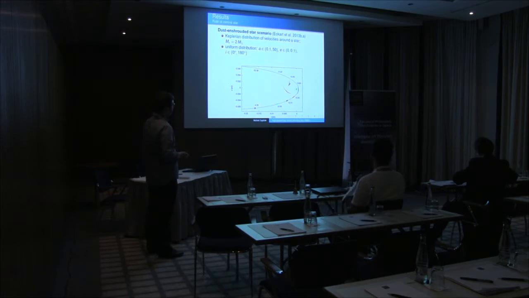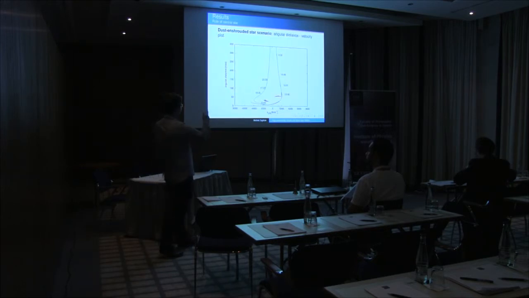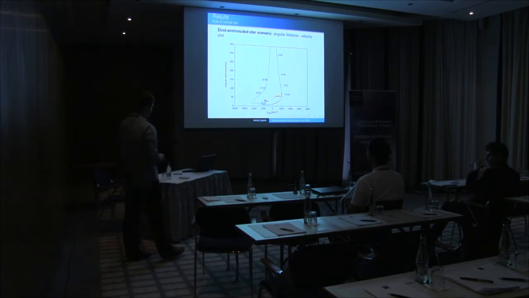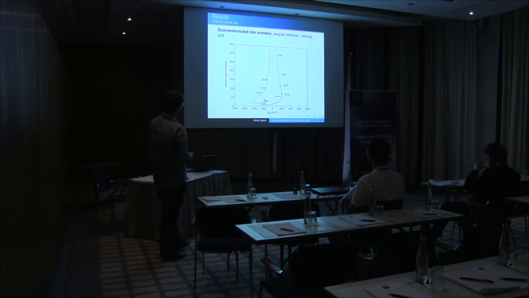Only a small part stays orbiting the star. So this is in the position-velocity diagram. Again, velocity dispersion increases at pericenter.